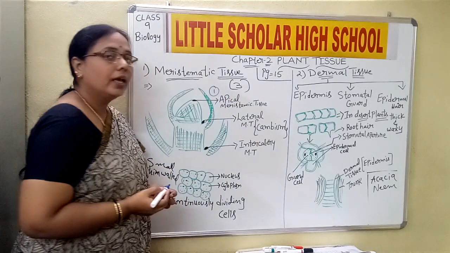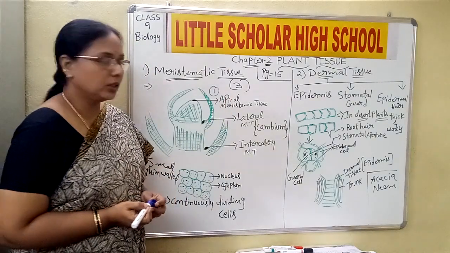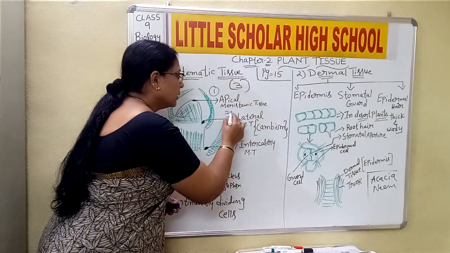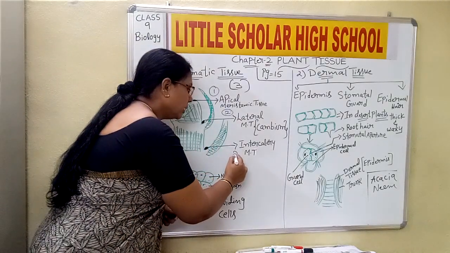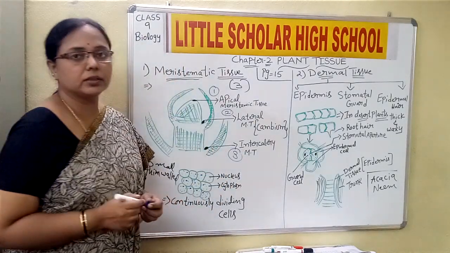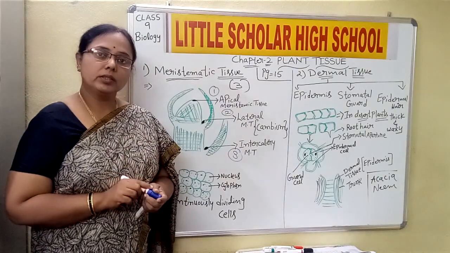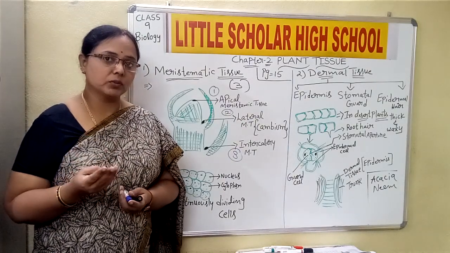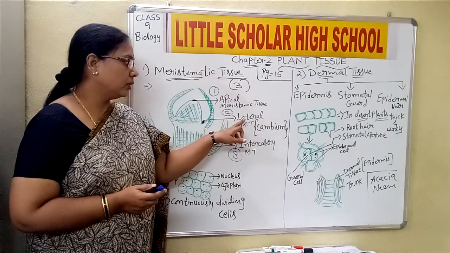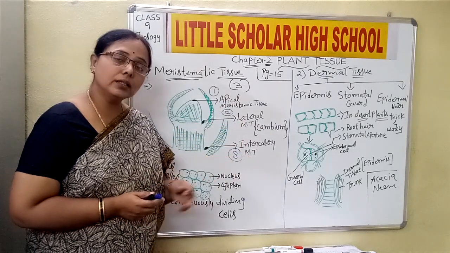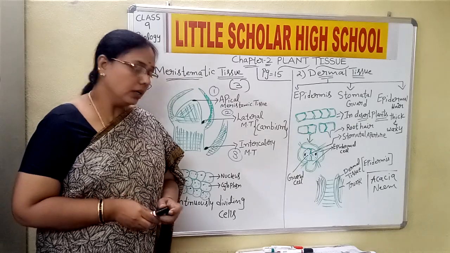First one is apical meristematic tissue. Second one is lateral meristematic tissue, and the third one is intercalary meristematic tissue.